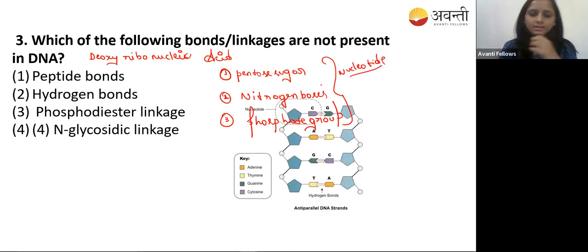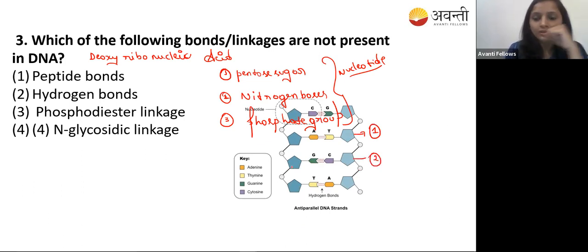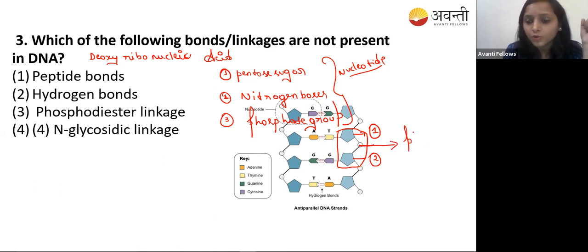So let us see the bonding. In the diagram you can see this is one nucleotide and this is the second nucleotide. Between these two nucleotides a bond is present. Which is that bond? I will call it the phosphodiester bond.